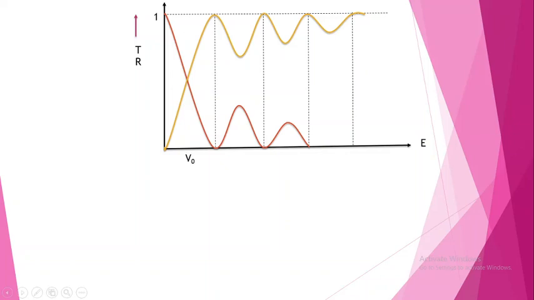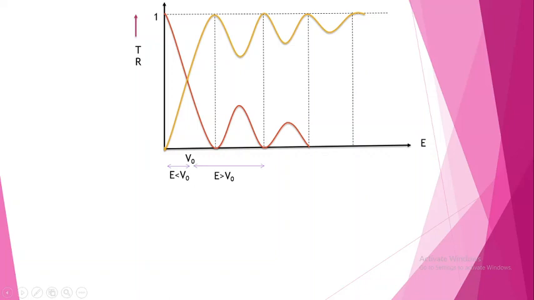And here the point or the energy where both T and R are equal, that is 50-50%, is nothing but V naught, that is when energy is equal to the barrier potential. And this region where reflection coefficient is decreasing and transmission coefficient is increasing is for energy less than V naught.